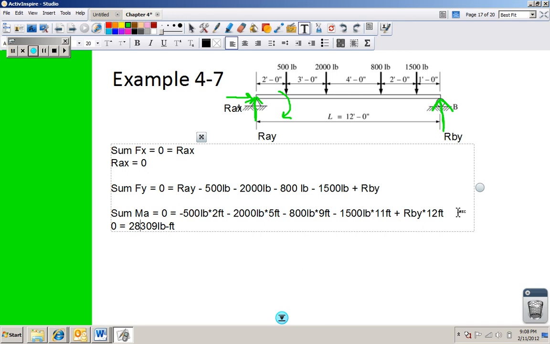That was negative. Plus RBY times 12 feet.